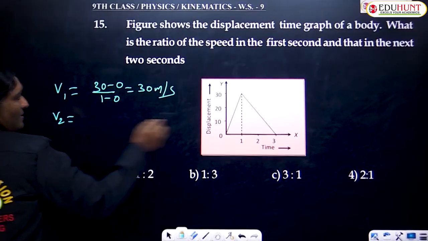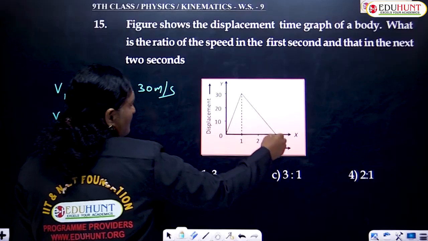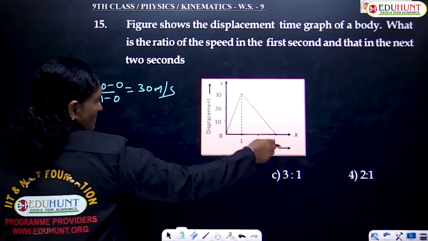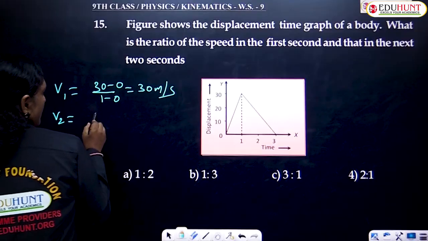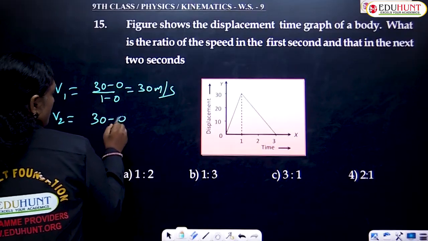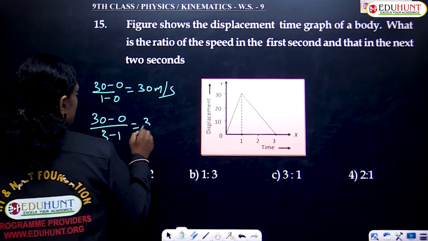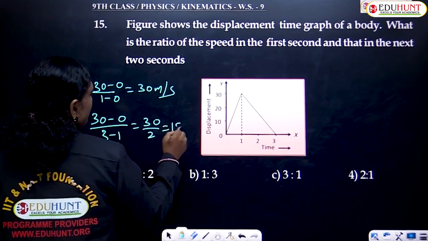In the second case, the total displacement from here to here is 30 minus 0, negative slope, whatever it is, that is 30 minus 0 upon time 3 minus 1, which is 30 by 2, 15 meter per second.